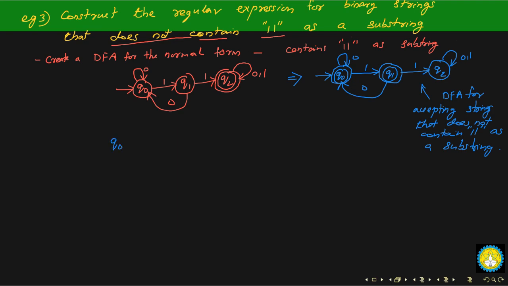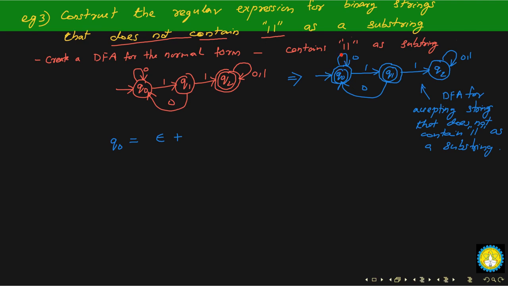If you look at the DFA diagram here, Q0 is the starting state, so epsilon is a valid transition. Upon seeing epsilon, you will be in Q0. Apart from that, Q0 upon getting 0 comes back to Q0 itself.